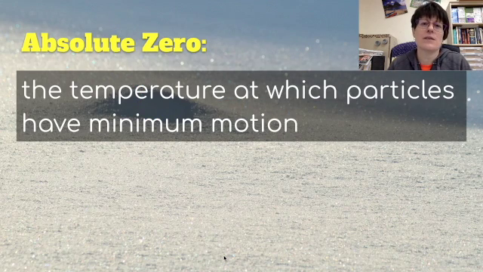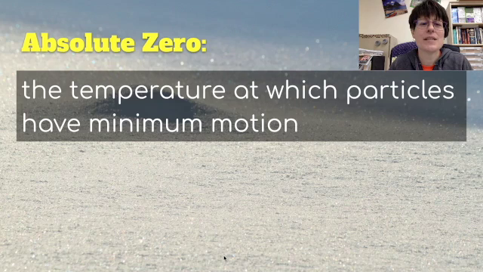There is also something else we need to talk about. It's called absolute zero. This is the temperature at which particles have minimum motion. Now, I want you to write next to absolute zero, impossible in capital letters.